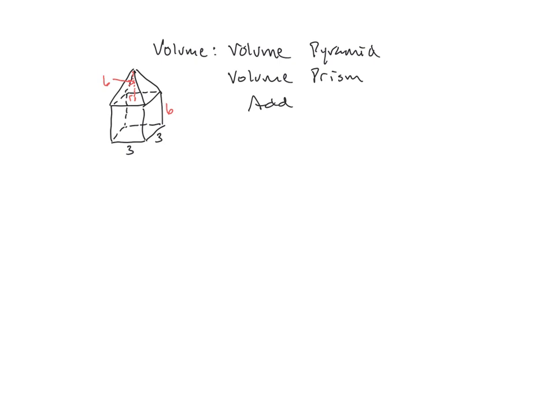So I'll do the pyramid in red. So 1/3 area of the base. The base information is all the way down here on the bottom. So 1/3 area of the base, 3 times 3 times the height. So you can do 3 times 3 is 9, times 6, 9 divided by 3 is 3, so the volume of the pyramid is 18.